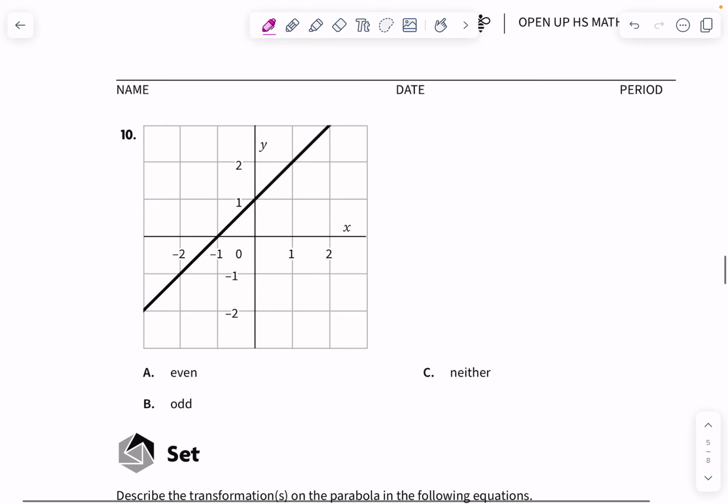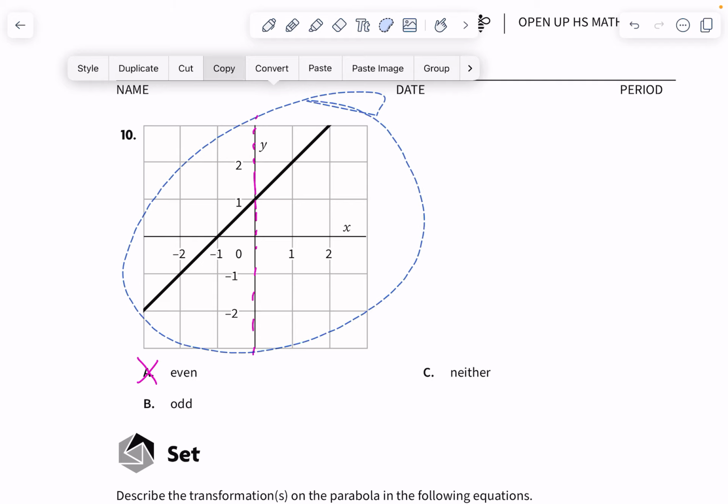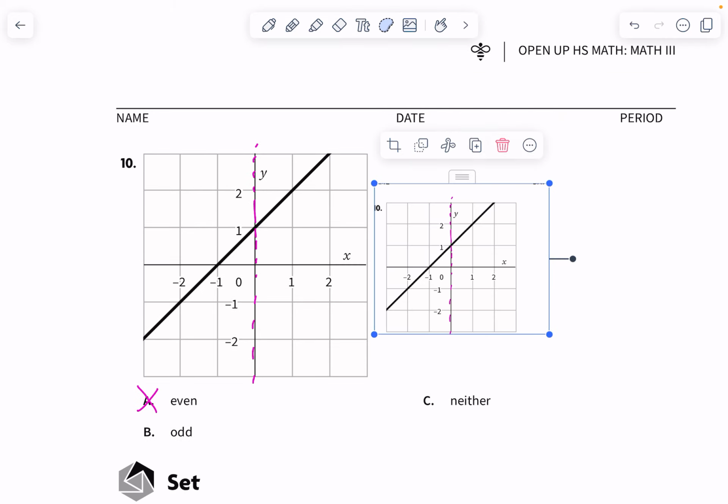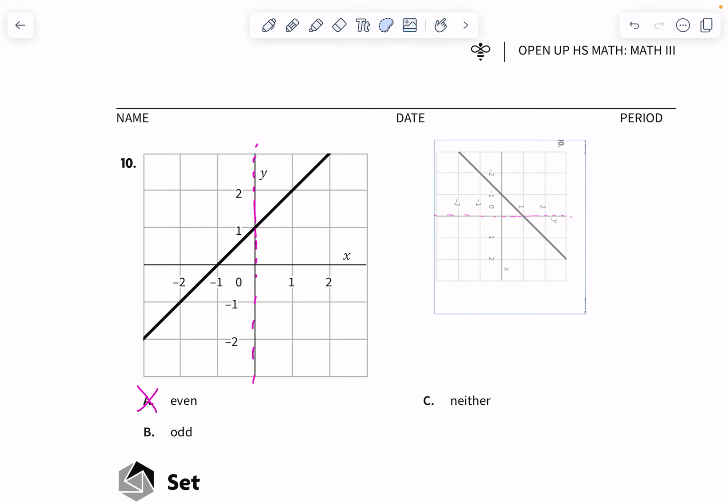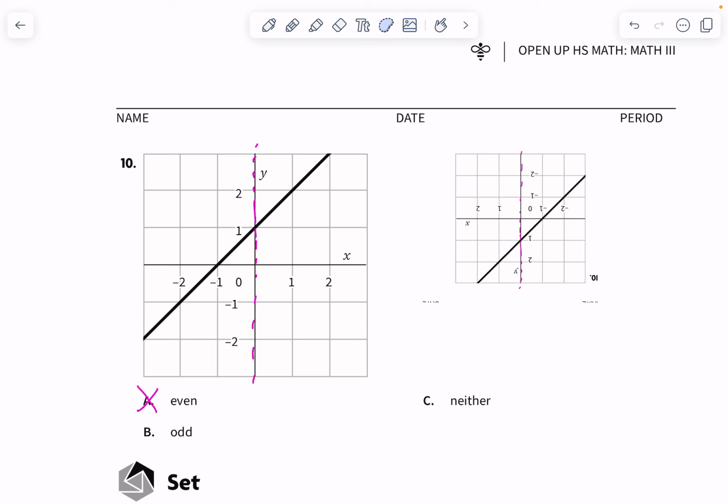Number 10. Okay, so number 10 here, we have a line. Can we tell that, right? So it's not going to be even automatically. What about odd? We can do this graphically. Copy, paste, right? If I rotate this 180 degrees, these two are not the same at all, because this crosses 0 comma 1, and this doesn't even cross that point, right?